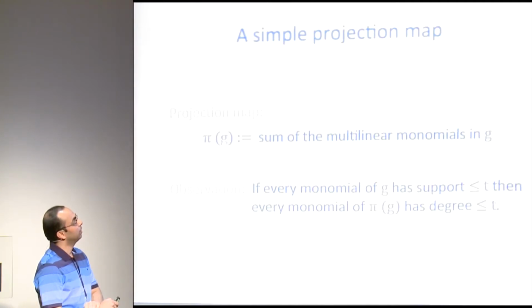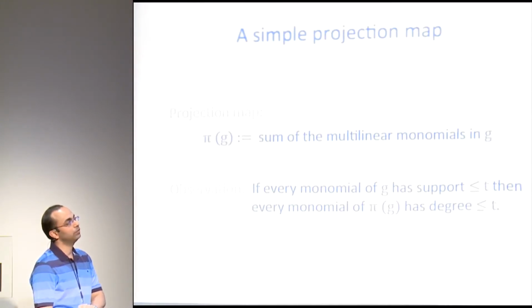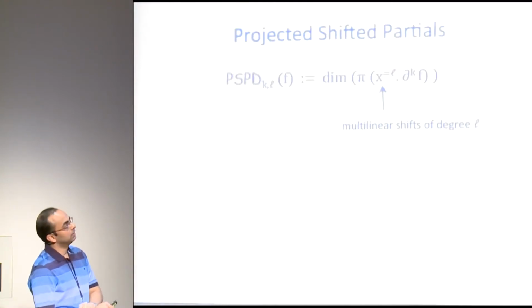So pi of g is the sum of multilinear monomials in g. That's the map. And notice that if g has support less than t, then pi of g will have degree less than t. That's all. And now you augment the shifted partial measure by introducing a projection on the outside.